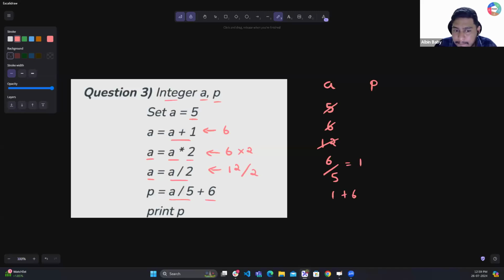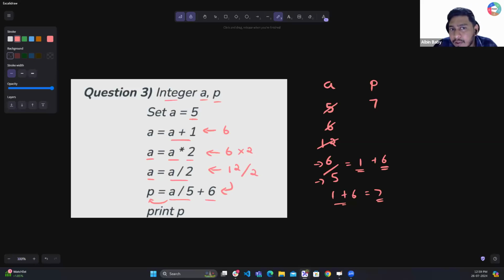So 1 plus 6 equals 7. You're assigning it to P. So P equals A, which was 6 divided by 5, which gave 1, plus 6. In total you got 7 and you're assigning it to P. So P became 7.